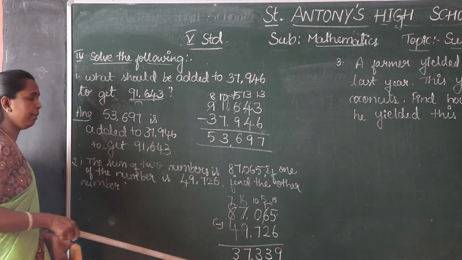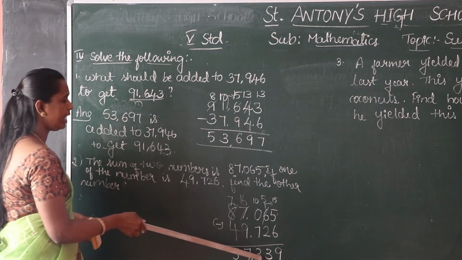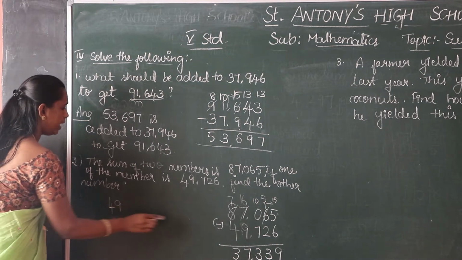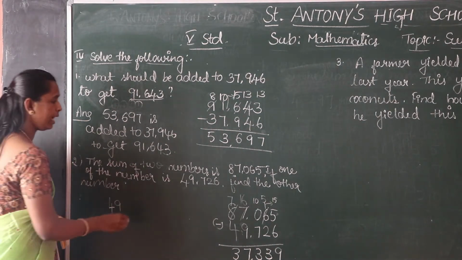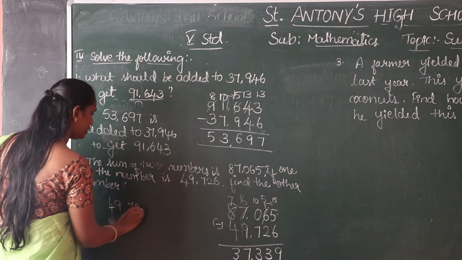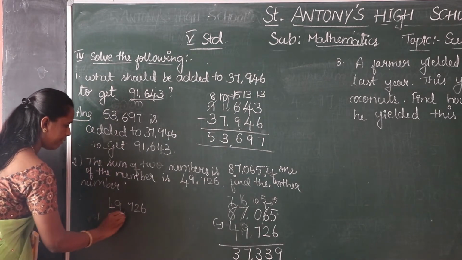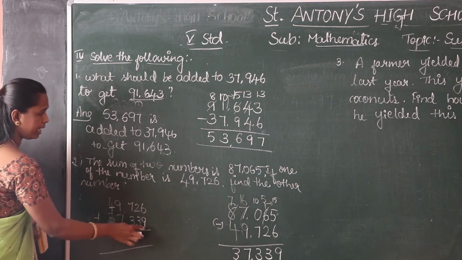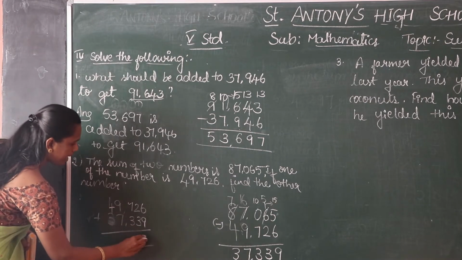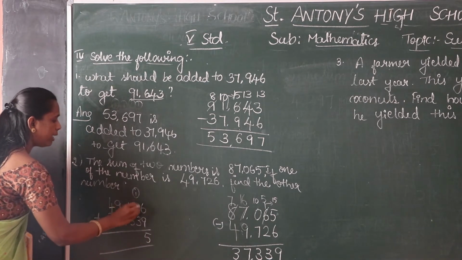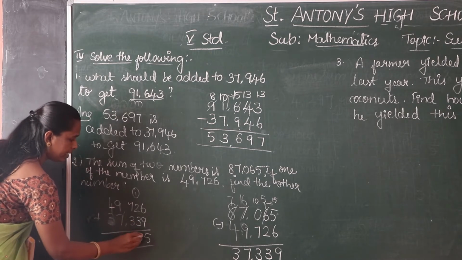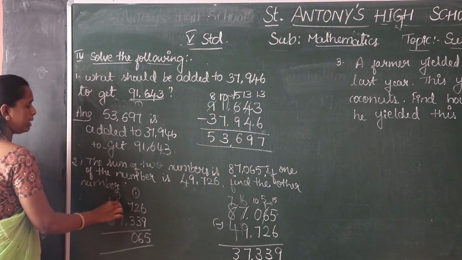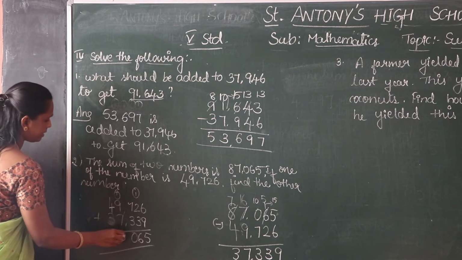So the other number is 37,339. Cross check the answer. Add 37,339 to 49,726. So 6 plus 9, 15. 1 carry, 1 plus 2, 3. 3 plus 3, 6. 7 plus 3, 10. 1 carry, 1 plus 9, 10. 10 plus 7, 17.